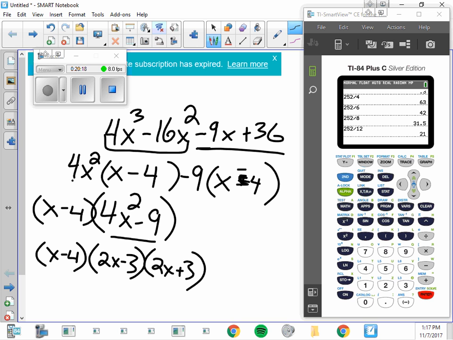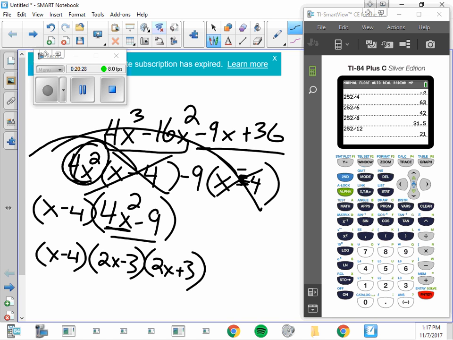So right here, this one. So I took this away, and I took this away, and I'm left with 4x squared minus 9. That's just the leftover when I factor out that binomial. All right? Okay.